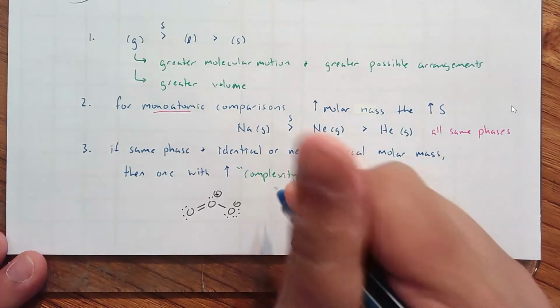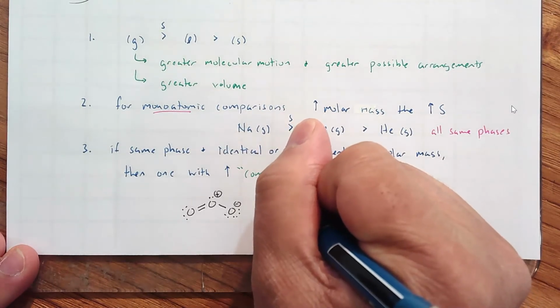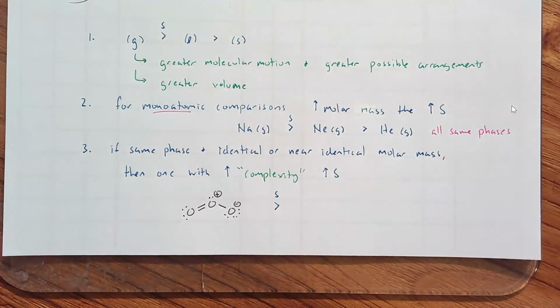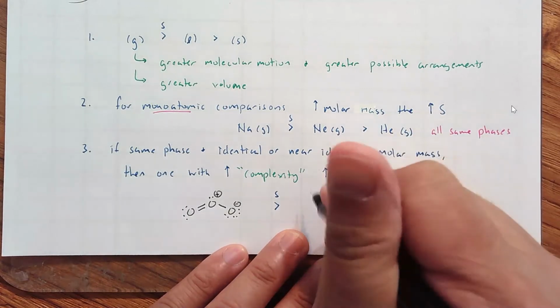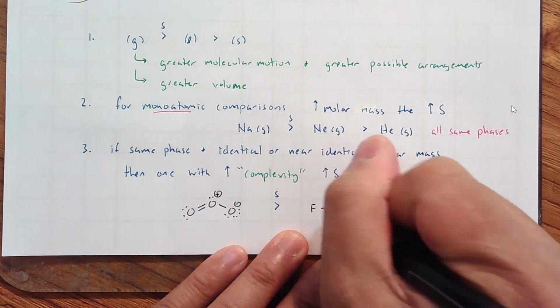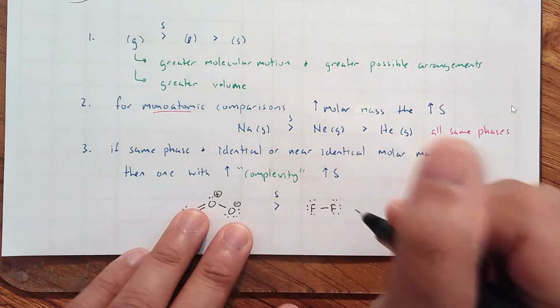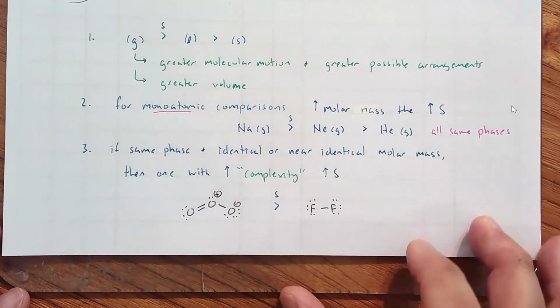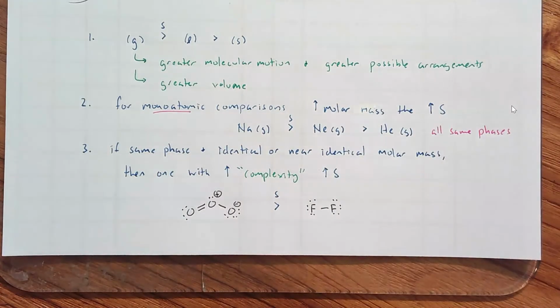That will have a higher complexity than a molecule that has close to the same molar mass but is less complex, such as diatomic fluorine. It's not the charge that makes it more complex, it's literally the number of atoms and the number of different arrangements those atoms can take.